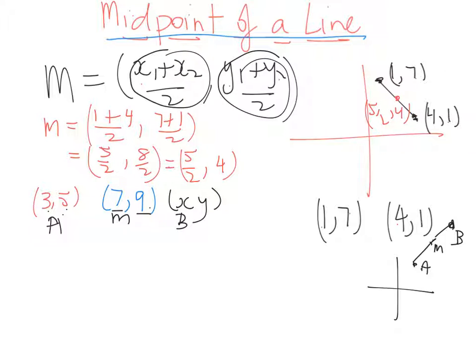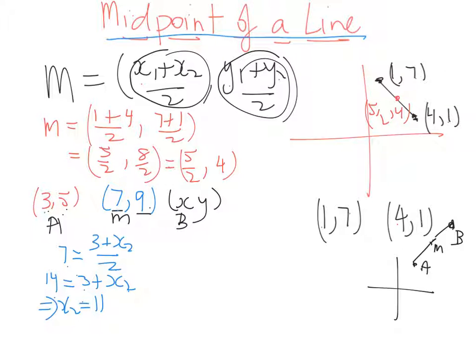So now we've got 7 equals x1, which is 3, plus x2 over 2. This is why we learn how to solve these types of equations. 2 times 7 is 14, equals 3 plus x2. So 3 plus some number has got to be 14. So x2 equals 11.